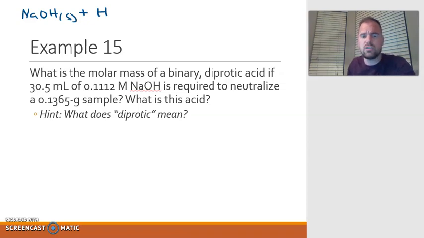Now it tells you that the acid we're looking at is a binary diprotic acid. So let's remind ourselves what those vocab terms mean. When you have a binary acid, or a binary compound in general, what that means is it's two elements.